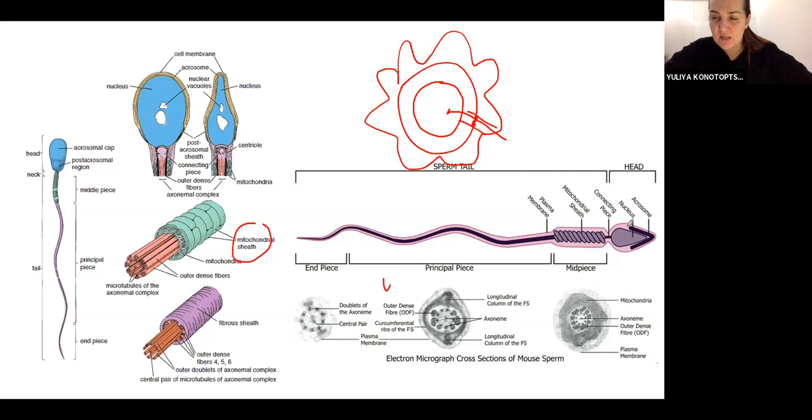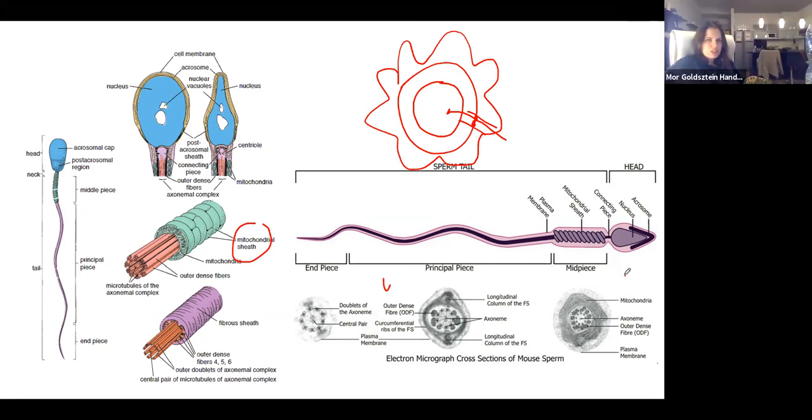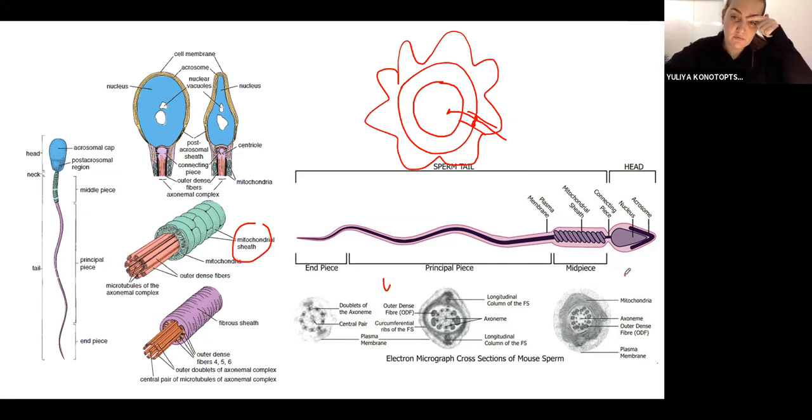Don't forget that acrosome does not cover the entire length or volume of the head. It only covers the anterior 2/3. So there is still part of the head which is not covered by the acrosome. How long can spermatozoa survive in the female's reproductive tract? 5 days. Very good, exactly 5 days.